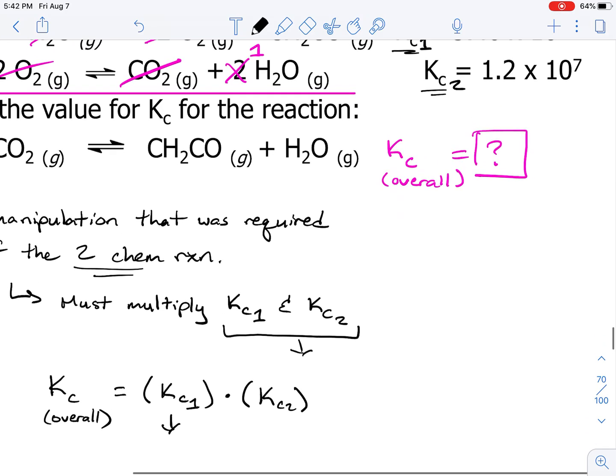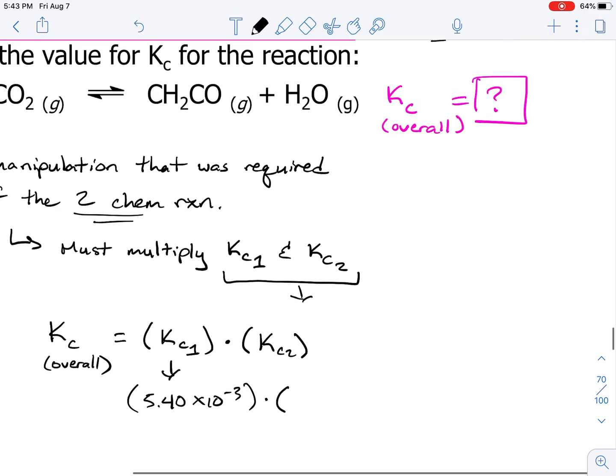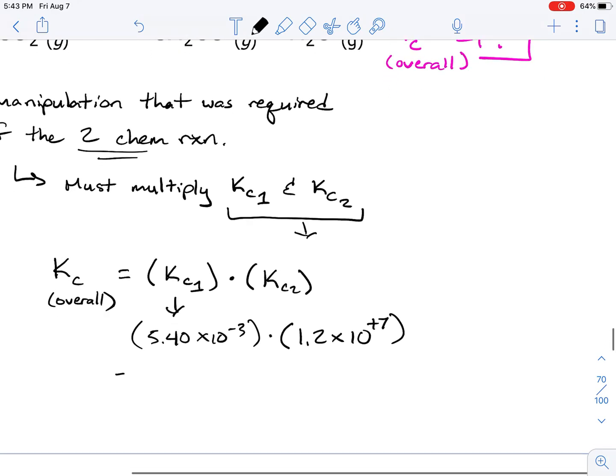And this value is going to be 5.40 times 10 to the negative 3 times 1.2 times 10 to the positive 7. So I'm going to go ahead and plug that into my calculator real quick. I encourage you guys to do the same.